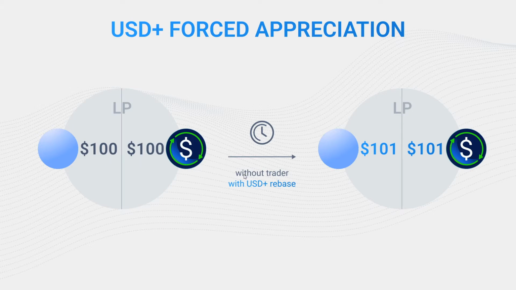As we've defined several times, USD Plus is going to rebase inside of that liquidity pool, and as we can see after the rebase, we now have a new token price as well as a new liquidity pool forced appreciation for the USD Plus side of things, because now your $100 has increased to $101 via the USD Plus rebase, which also shows that your token price has increased.